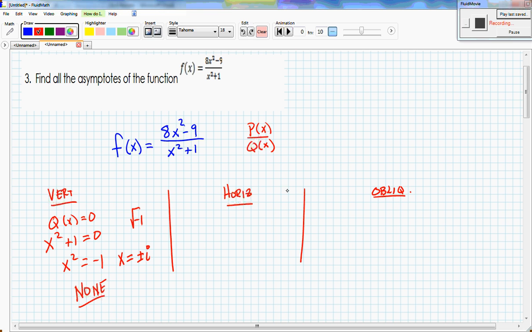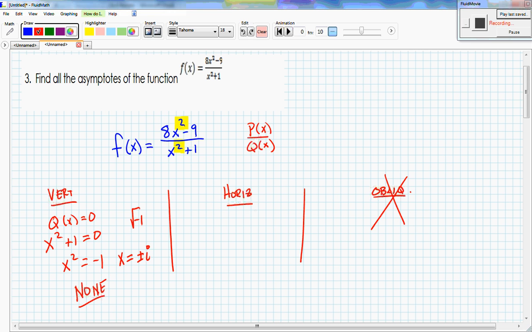So that leaves the other 2, horizontal or oblique, and you can't have both at the same time. You either get one or the other, so we need to look at the degrees. The degree of my numerator is 2, the degree of my denominator is 2, therefore they are equal. So if they are equal, then I will have a horizontal asymptote and I will not have an oblique.